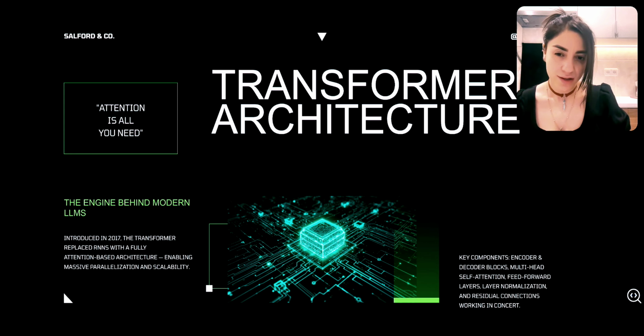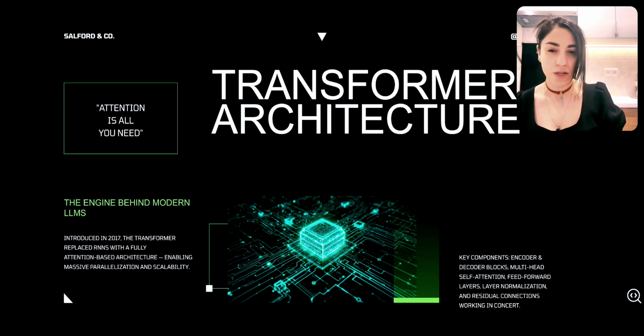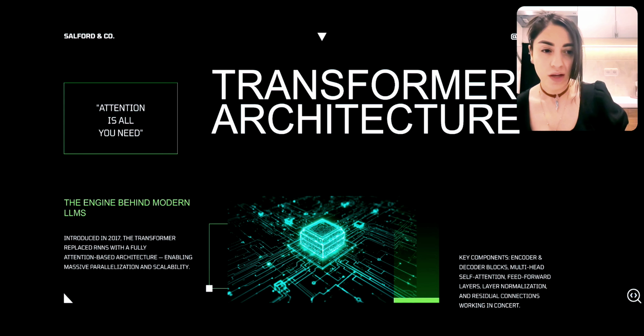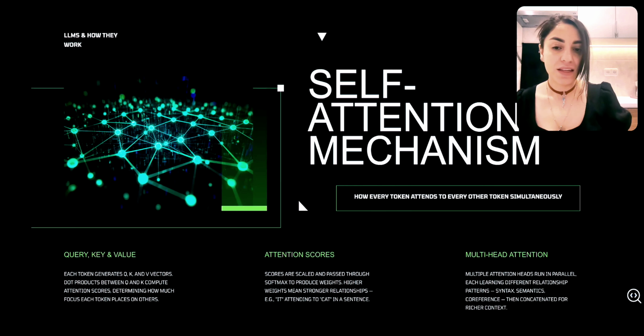Each layer gradually creates a richer representation of the input. After passing through many transformer layers, the model has a contextual representation that can be used to predict the next token.